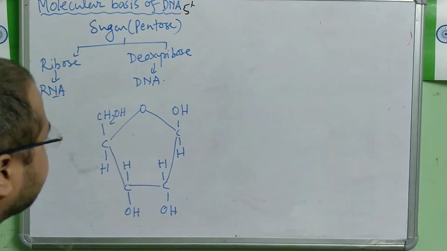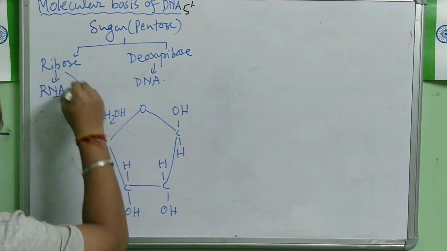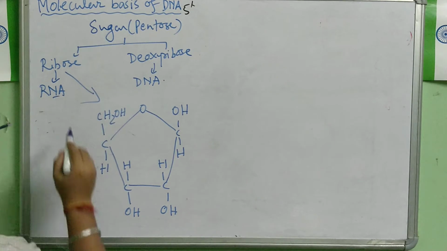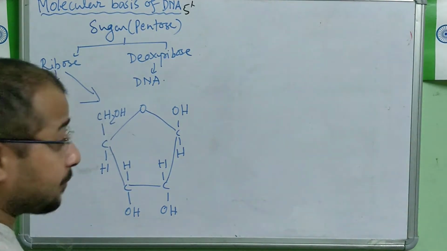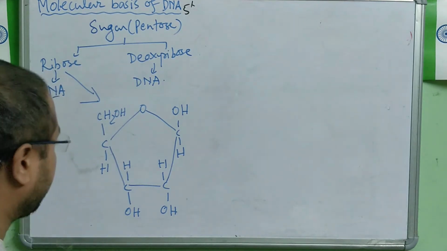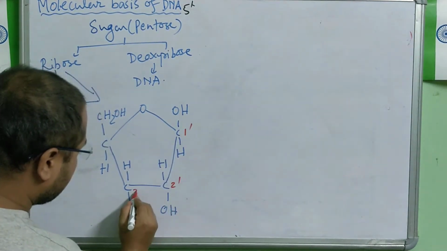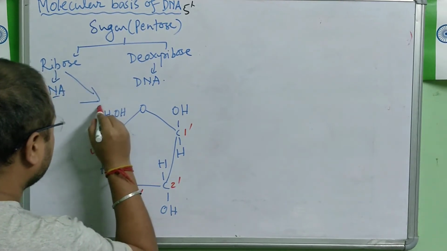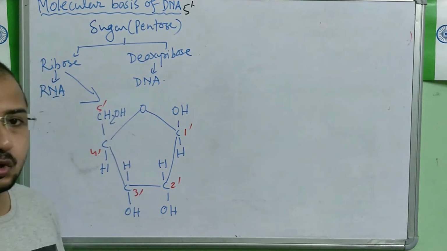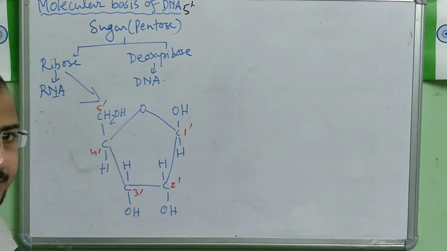Look at this structure. This is the structure of the ribose sugar. There are prime positions, and positions you also have to mention here. This is the first prime position, second prime position, third prime position, fourth prime position, and this is the fifth prime position. So 5 carbons you can see: 1, 2, 3, 4 and 5.